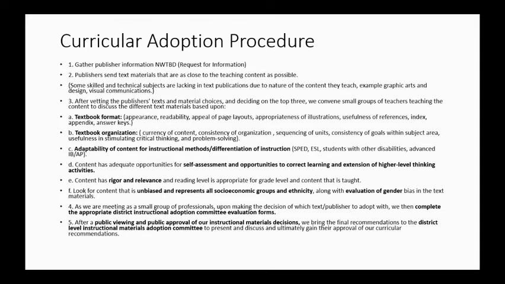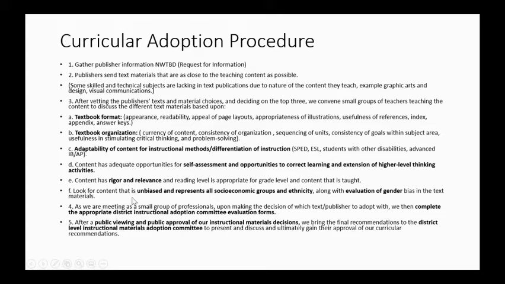We look at the curriculum having content that is rigorous and relevant to the content they're learning, reading level that is appropriate for grade level, and the content that is being learned. We also look for materials that are unbiased and represent all socioeconomic groups, along with evaluation of gender bias in the materials.